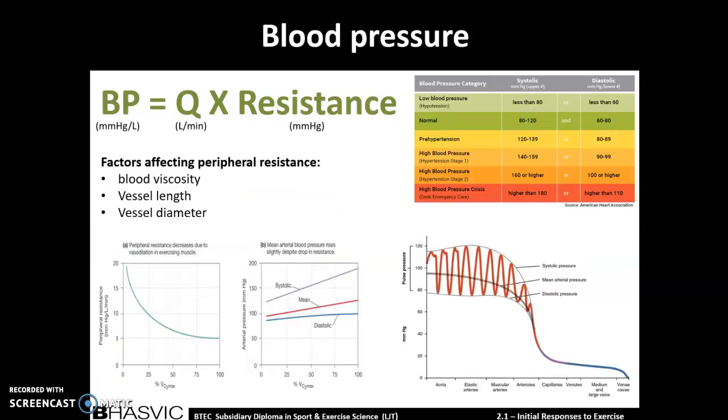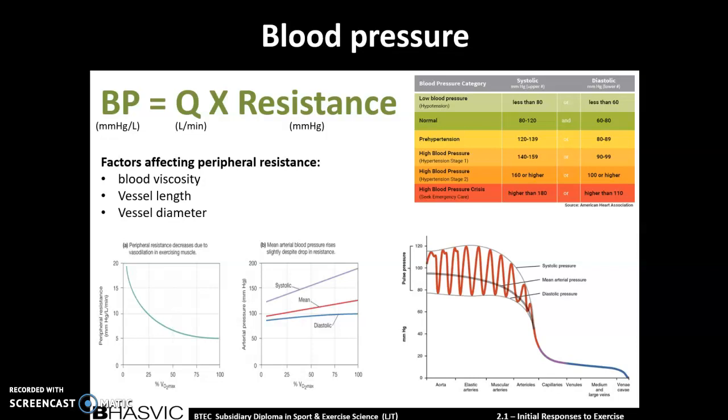Going to blood pressure. Blood pressure can be measured by using cardiac output multiplied by the resistance, with blood pressure being measured in millimeters of mercury per litre. Cardiac output, we know, is measured in litres per minute, and resistance is measured in millimeters of mercury.